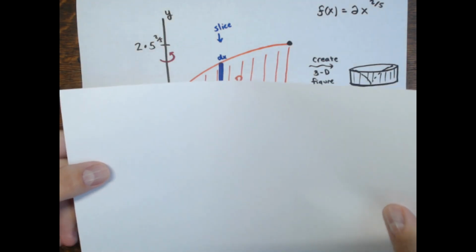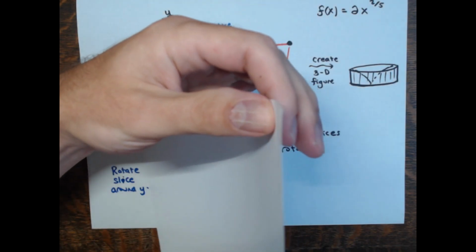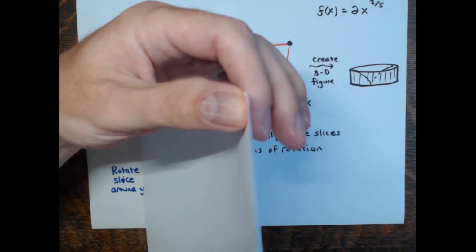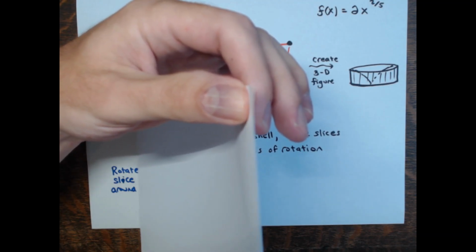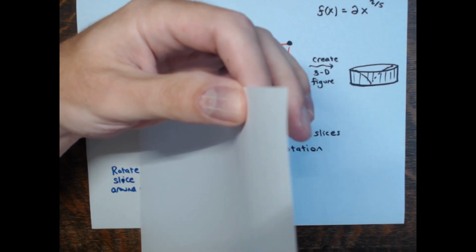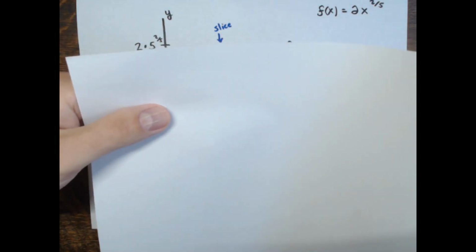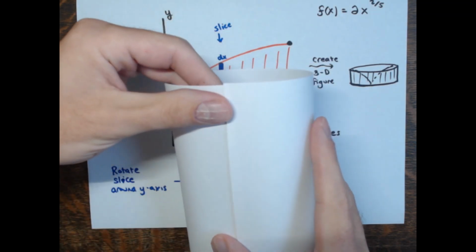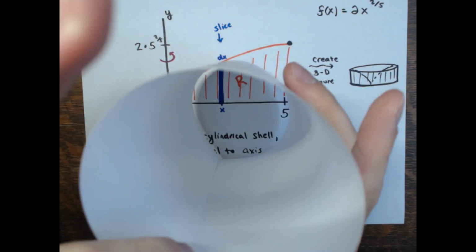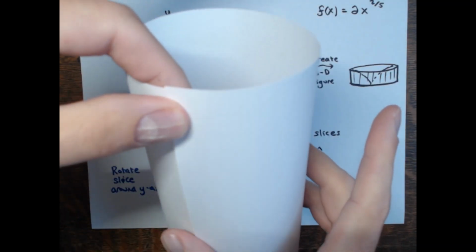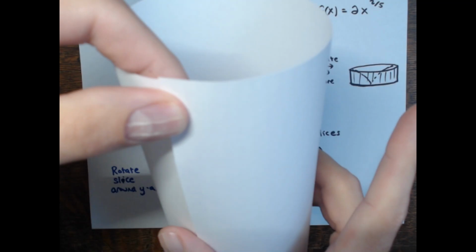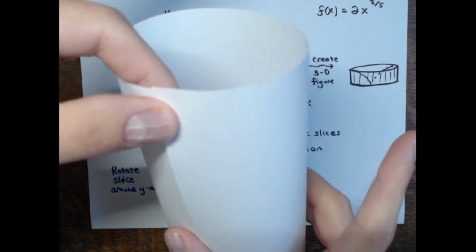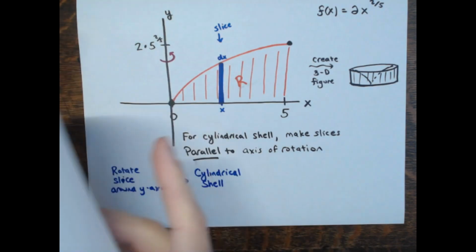You can imagine my thin rectangle is like this thin little edge, looking at it from above, a thin vertical slice. And then I roll this up into a circle. I rotate it around some line, and it would sweep out a shape, when it connects to the other side, that is just a rolled up piece of paper. So a rolled up piece of paper is an example of one of these cylindrical shells.